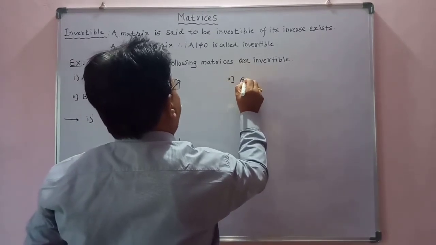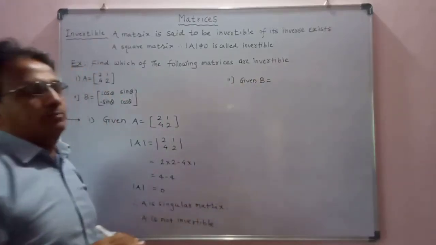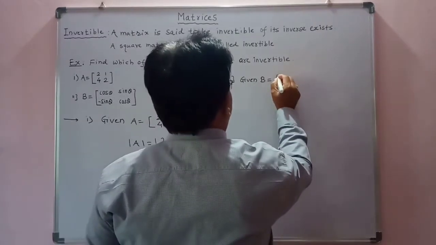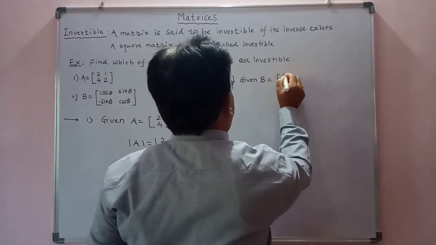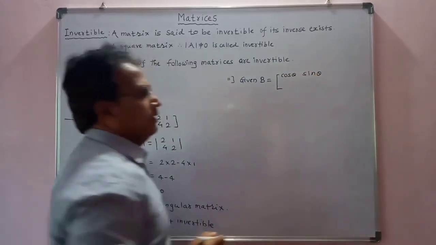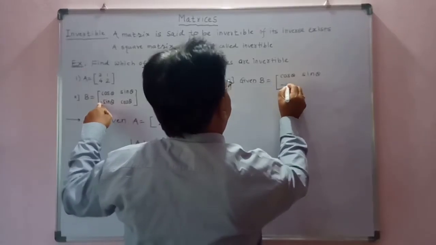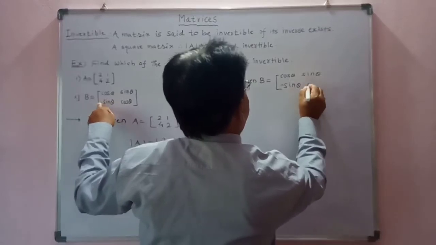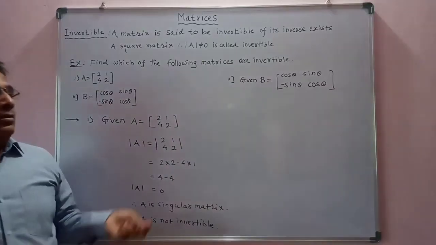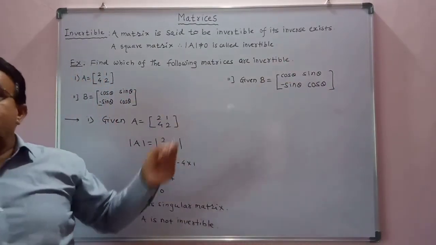Matrix B is given as cos theta, sin theta, which is the first row, and the second row is minus sin theta, cos theta.